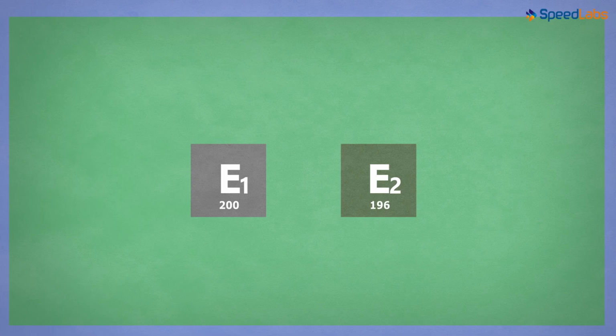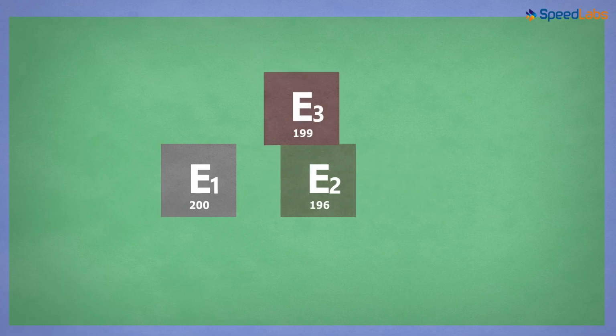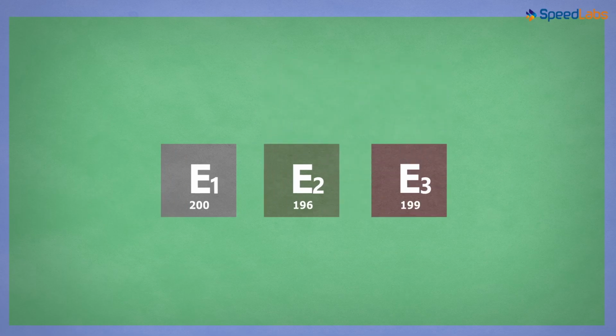Now in this case, if a newly discovered element, say element 3, has atomic mass of 199, where will we place it? Between the 2 elements or after the second element with atomic mass 196? We wouldn't really know as there's no pattern.